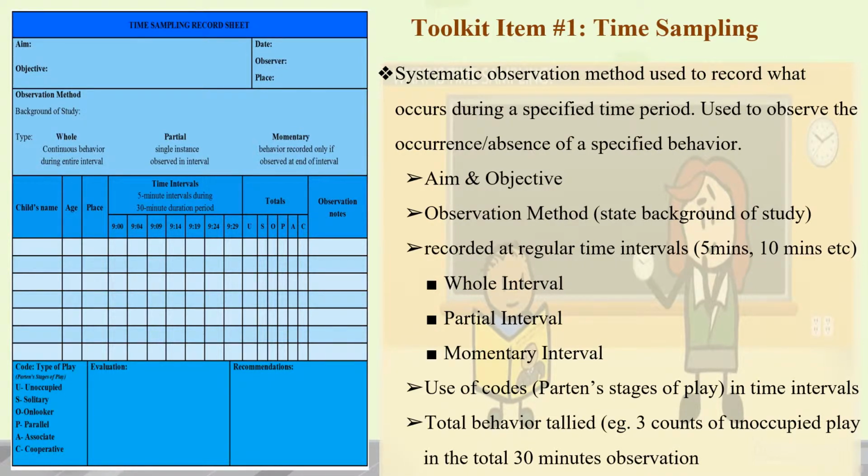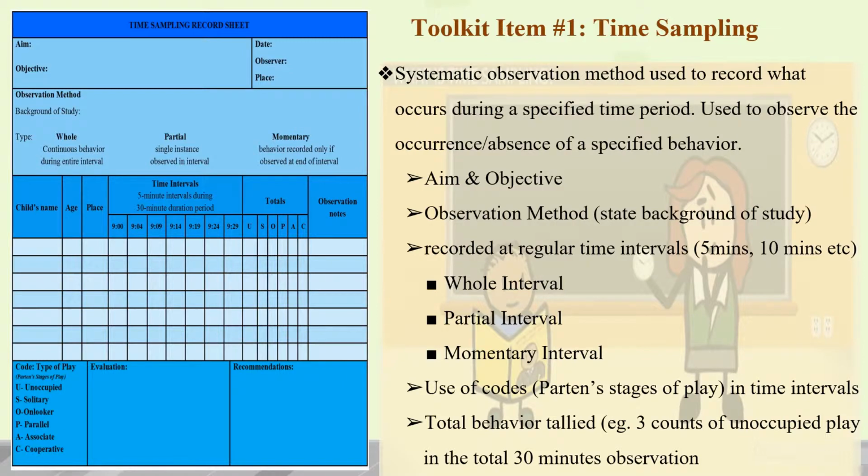At 9:04, if you look up and you see that she is still unoccupied, then you would write U again. If at 9:09 you look up and she is playing all by herself, that is solitary play, you would write S for solitary. And at the end of the 30-minute duration, you would total up all of the different codes.